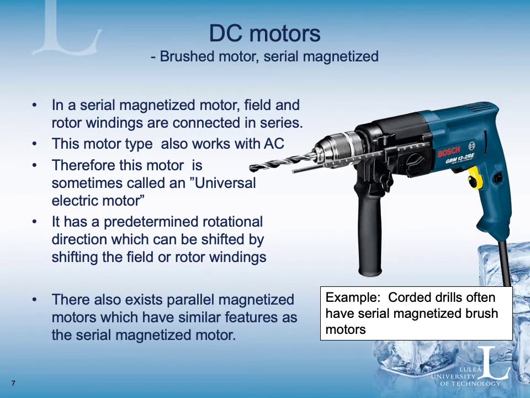Therefore, it also has the same characteristics as the permanent magnet DC brushed motor, meaning that you have a high torque at low speed, which is of course very good to have in such an application like the corded drill. It has a predetermined rotational direction, which can be shifted by shifting the direction of the current in the field or rotor windings.